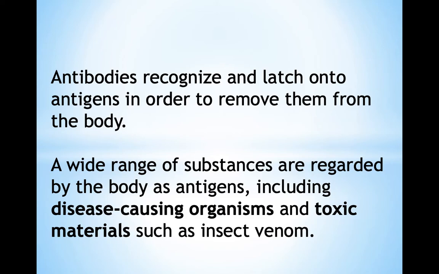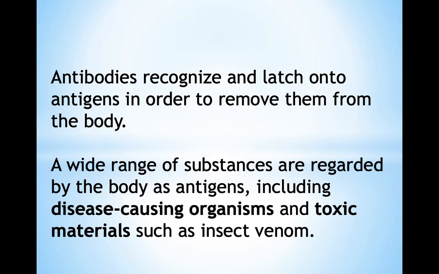A wide range of substances are regarded as antigens. As a review, it's not only proteins that are secreted or present on a pathogen's cell surface that can be considered antigens that antibodies recognize and bind to.